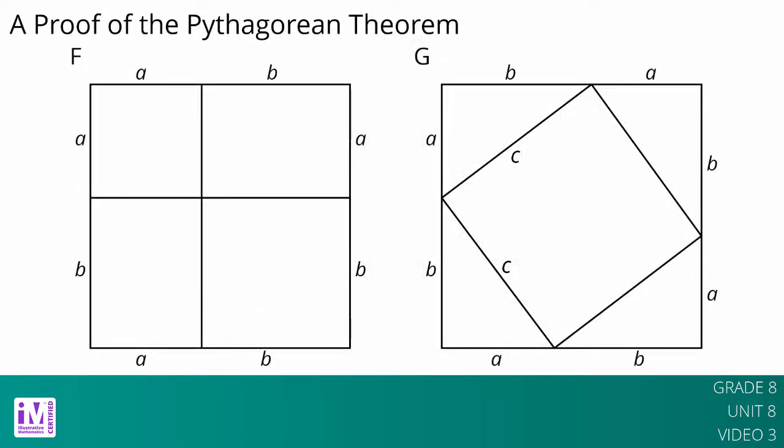The figure shown here can be used to see why the Pythagorean theorem is true. Both large squares have the same area, but they are broken up in different ways.